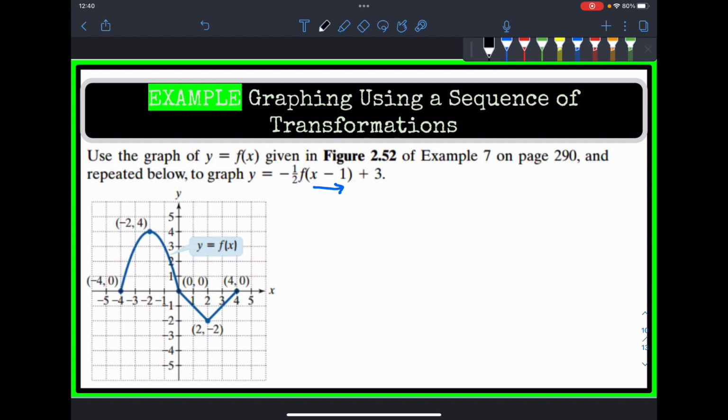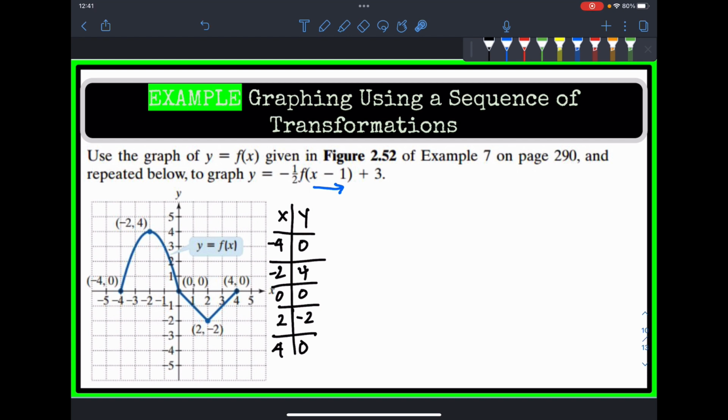Well, how is that going to affect the coordinates? Let me actually write all of these coordinates first. Negative 4, 0, negative 2, 4, 0, 0, 2, negative 2, and 4, 0.